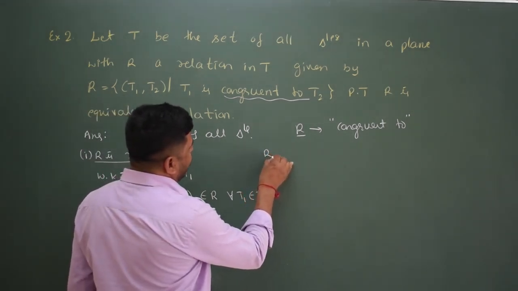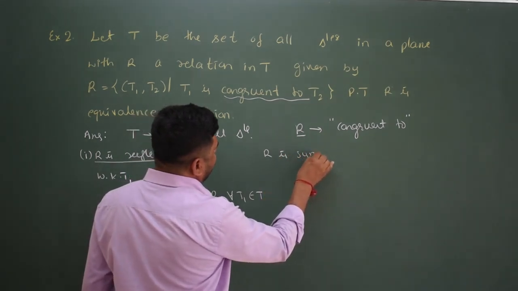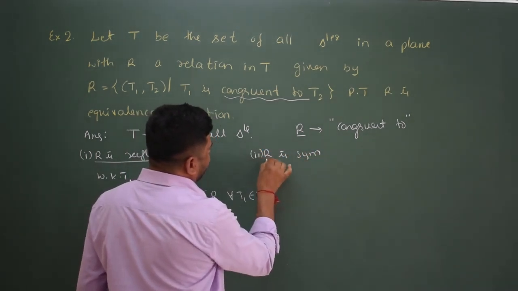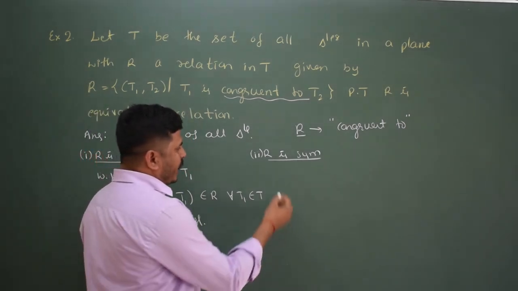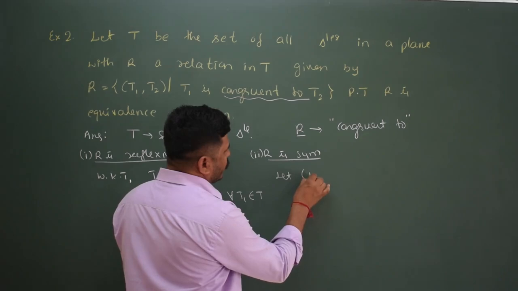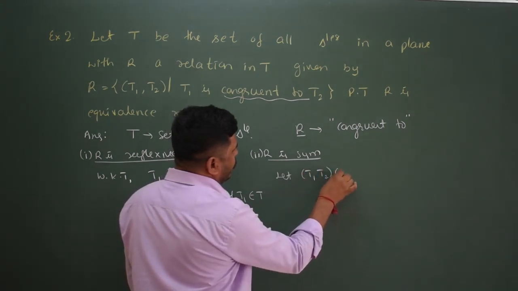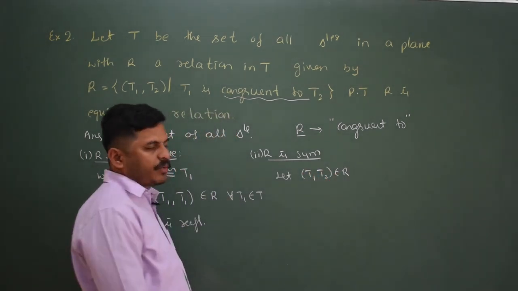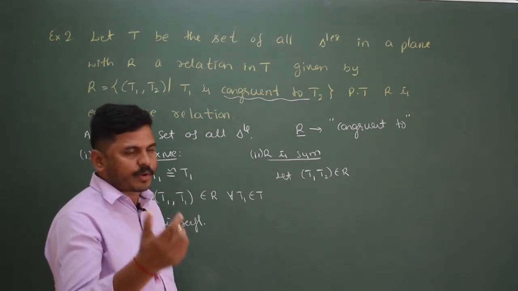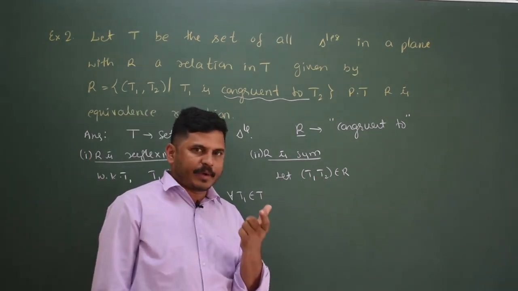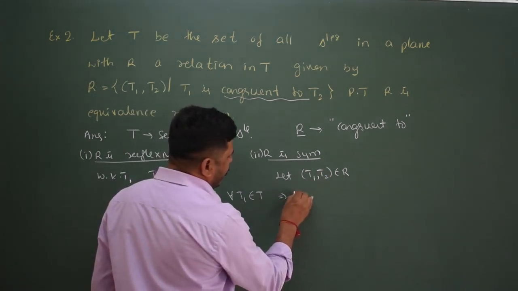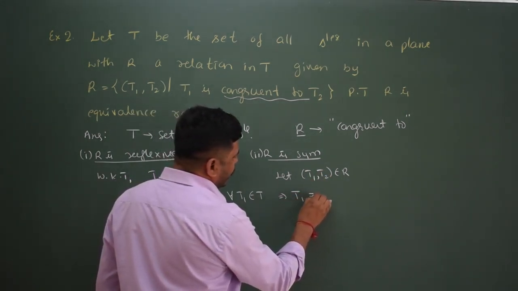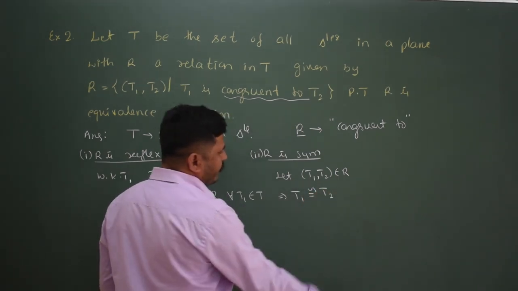Next, R is symmetric. Symmetric starts from: let one element (T1, T2) belong to R. We have to take one element from R. What do you mean by (T1, T2) belongs to R? It implies T1 is congruent to T2.